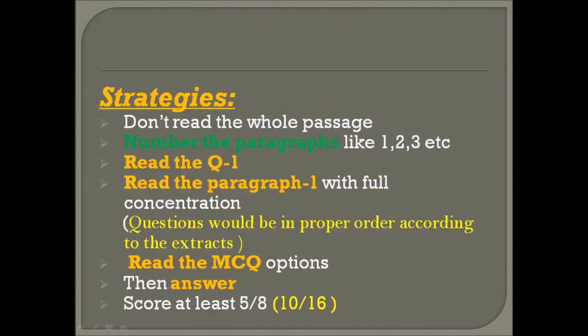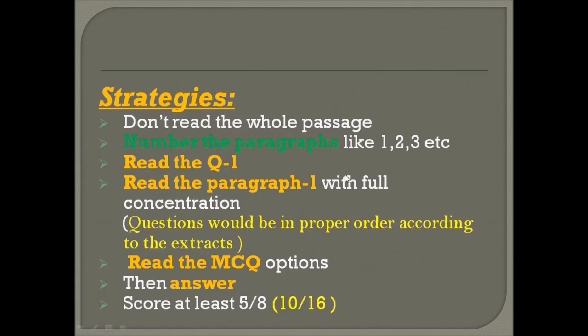Let's discuss the strategies for how to attempt part C, which is the most difficult and lengthy part of the reading exam. First of all, keep in mind, don't read the whole passage, as most students do. They read the whole passage in one go and then start attempting the questions, and in this way they can easily forget what they have read.